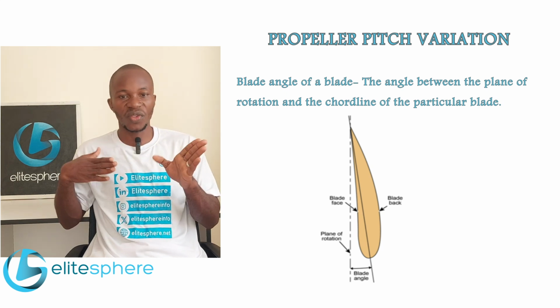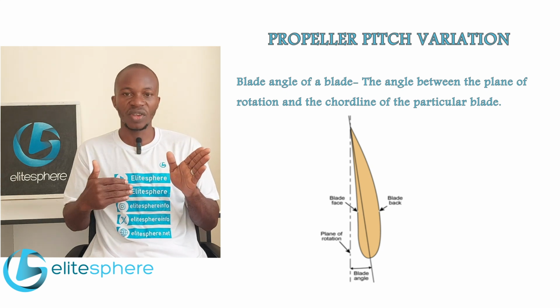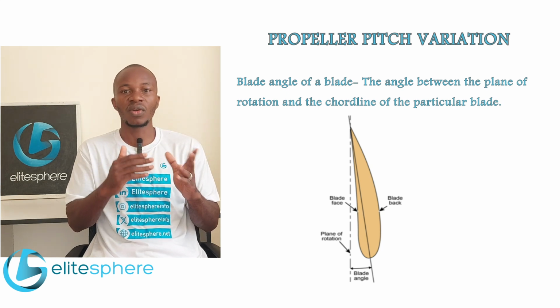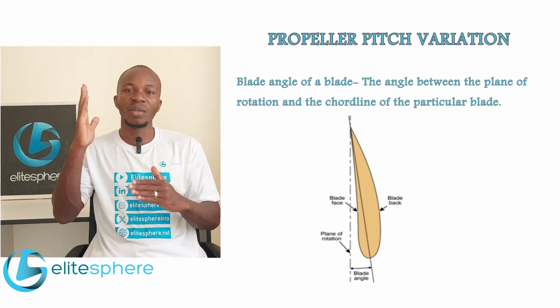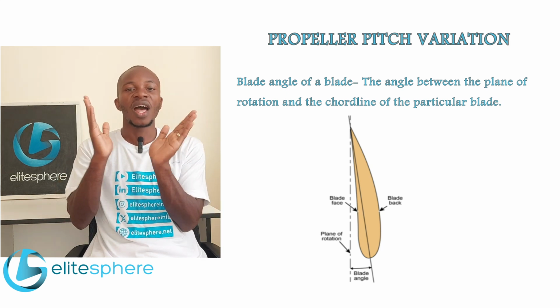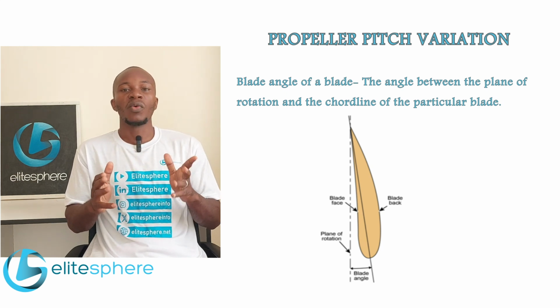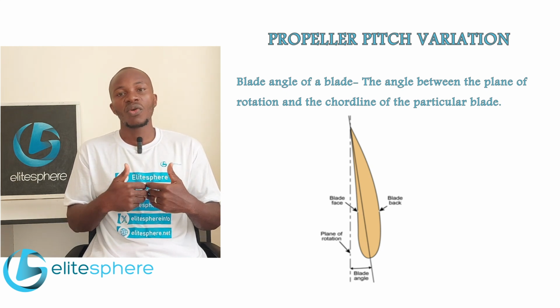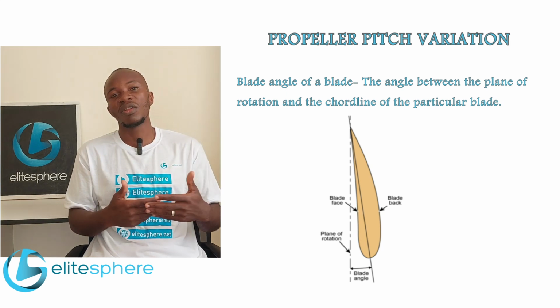It cuts across the propeller from the leading edge to the trailing edge. So when we do a pitch change of a propeller, what we're changing is the blade angle of the propeller.